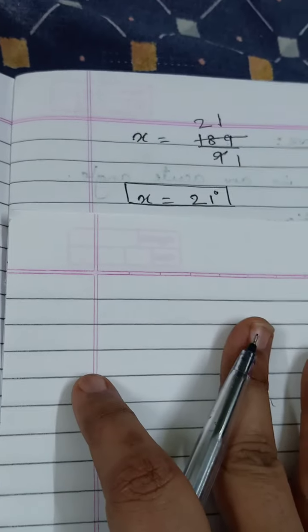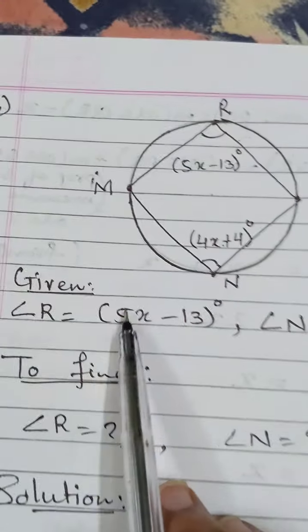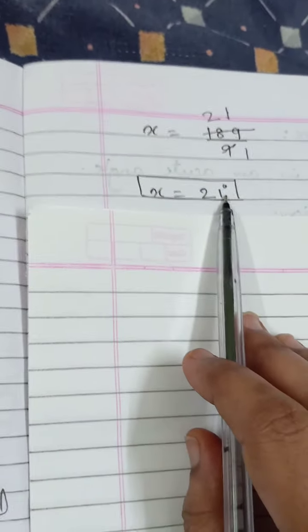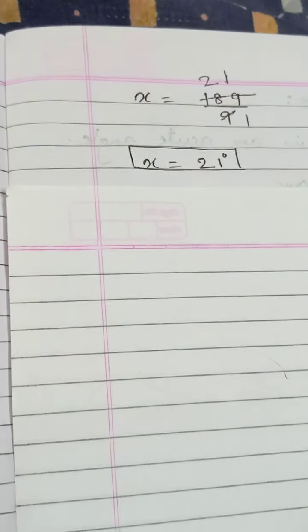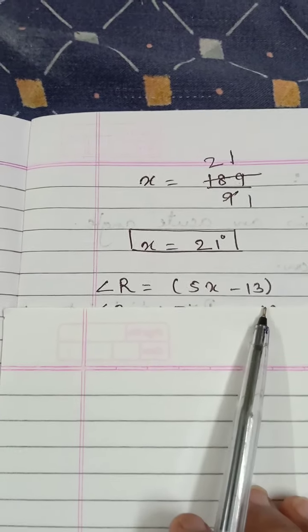I have written degrees for x because x is part of the measure of an angle here, therefore it is also in degrees. Now we will find the measure of each angle by substituting the value of x. The first angle we have to find is angle R, which is given as 5x minus 13.